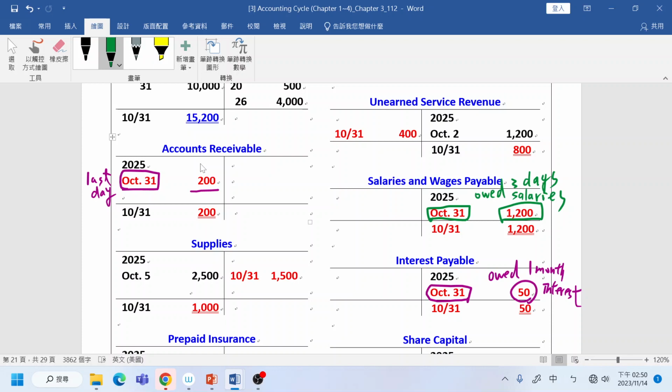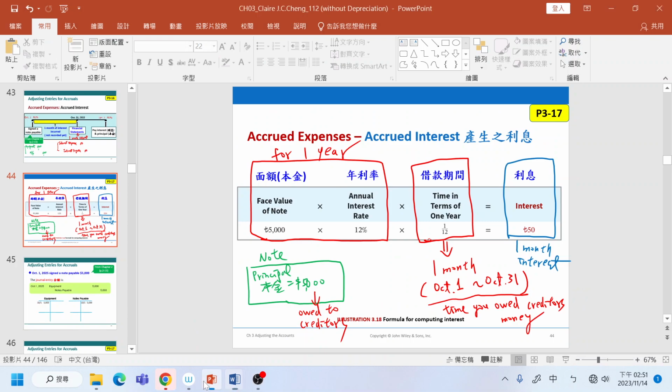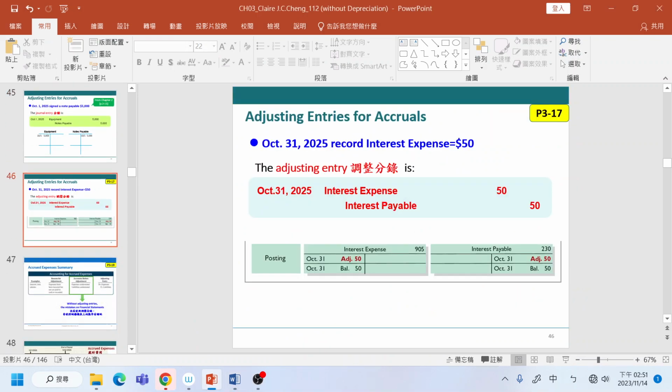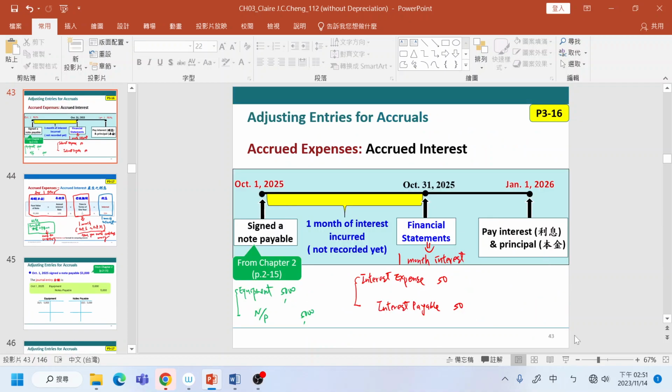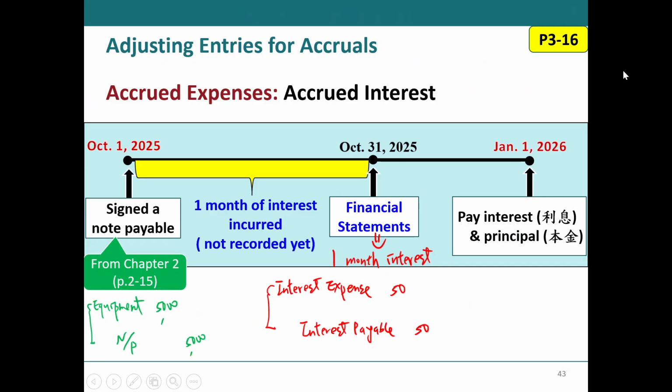Any questions so far? Then, let's go to our second group. I'm not sure whether you understand it or not, but let's try it.